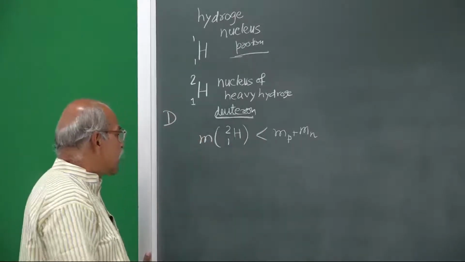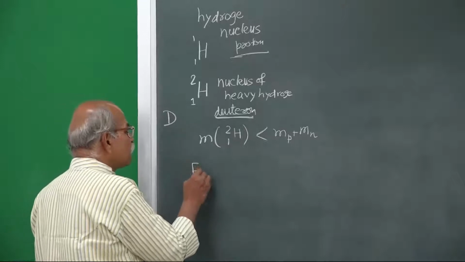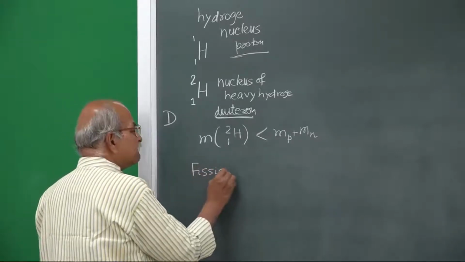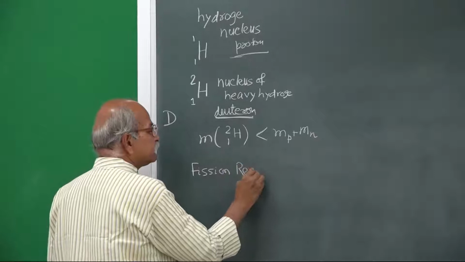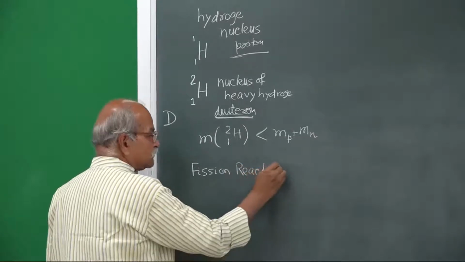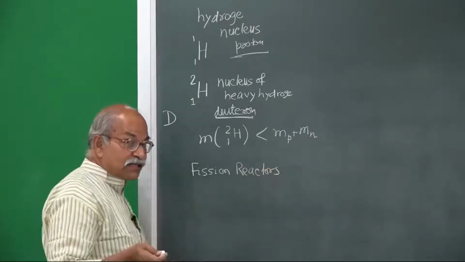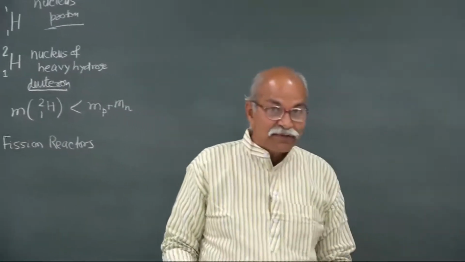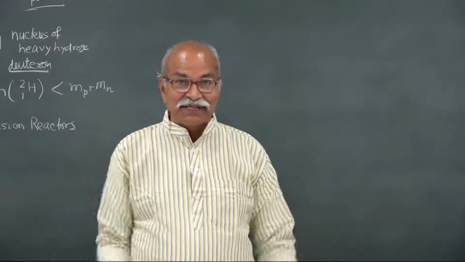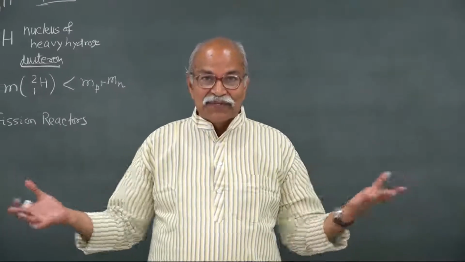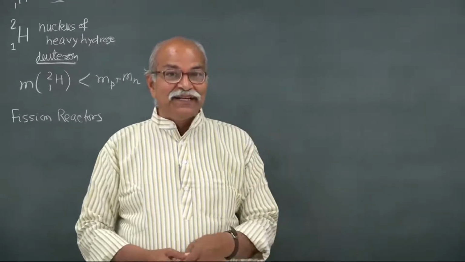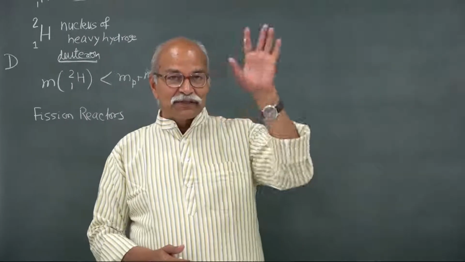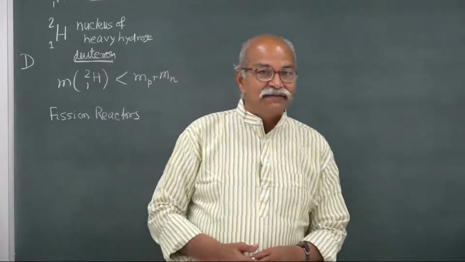We have fission reactors. We have 21 fission reactors in India. The best ones are here only in terms of the operation, continuous operation, safety. Our 21 reactors are rated very high among the total 450 or so reactors in the world.